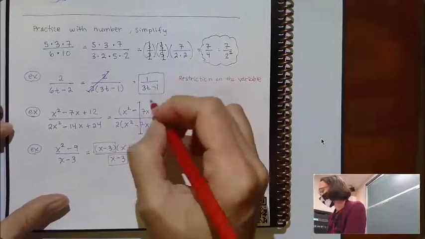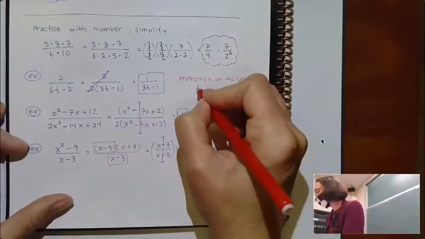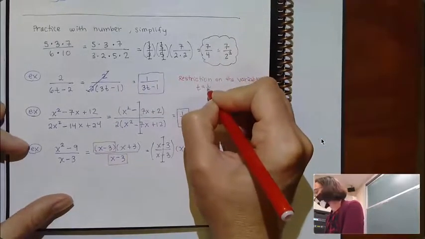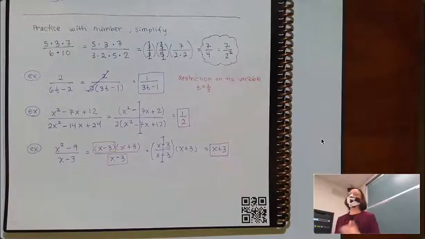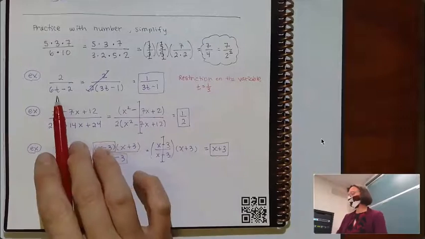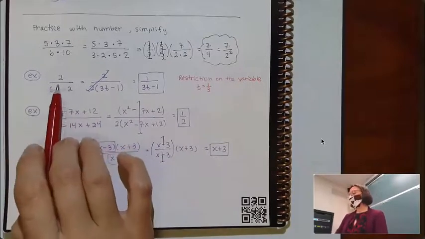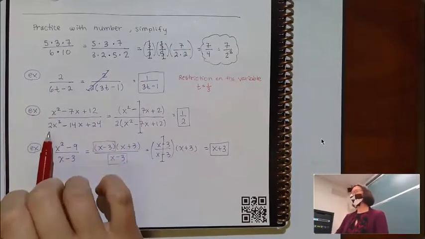And the restriction on the variable here would be that I can't actually plug in 1/3 for t. If I tried to plug in 1/3 for t on this example, then in the original expression, I'd have 2 divided by 0.